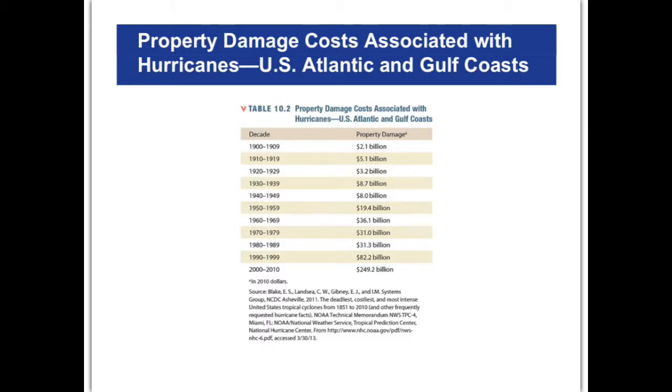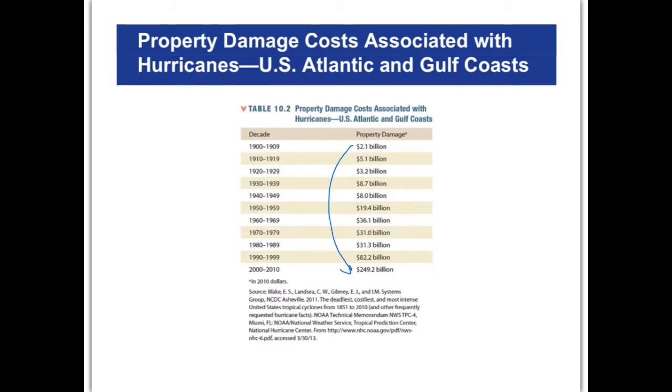Here's a very telling table right here. Look at the last 100 years, so 1900 to 1909, and then 2000 to 2010, property damage caused by hurricanes. 2.1 billion versus 249 billion. That's over 100 times more in just 100 years.